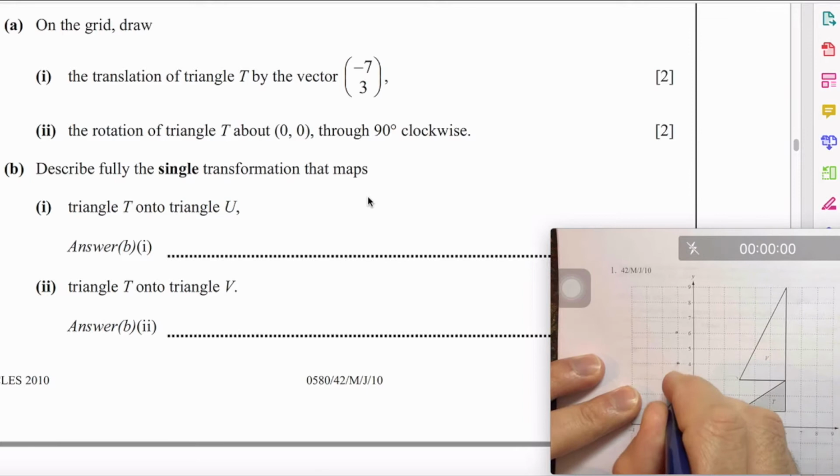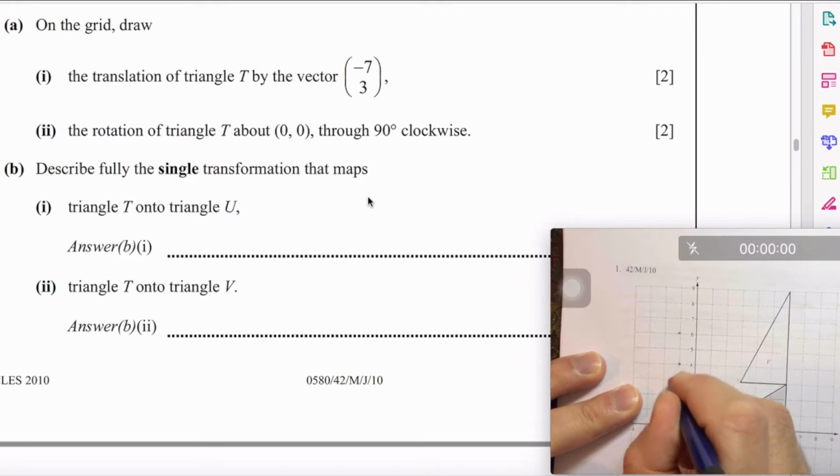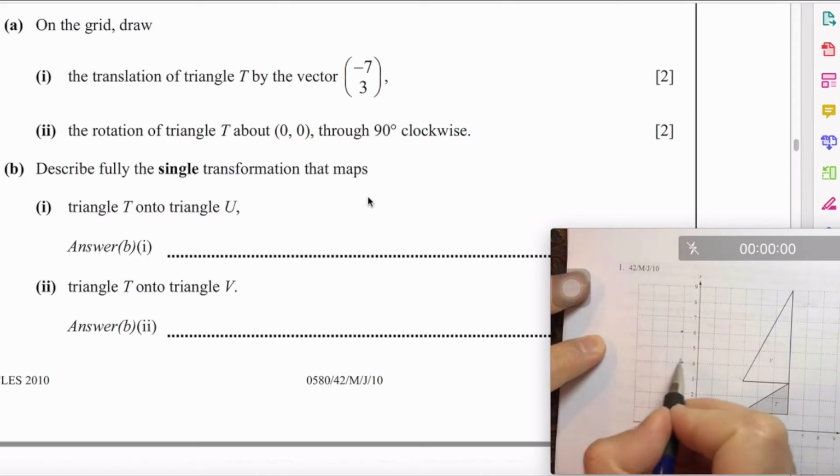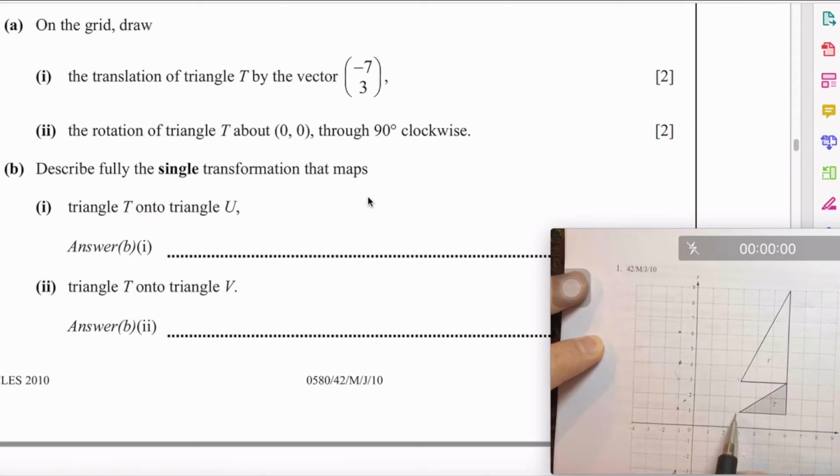Then I erase these two. Then I do the same thing for the third vertex. 1, 2, 3, 4, 5, 6, 7. Then 3 units up, 1, 2, and 3. It will come here.